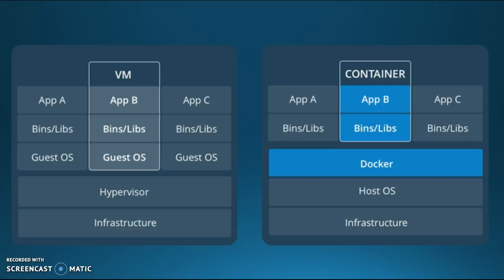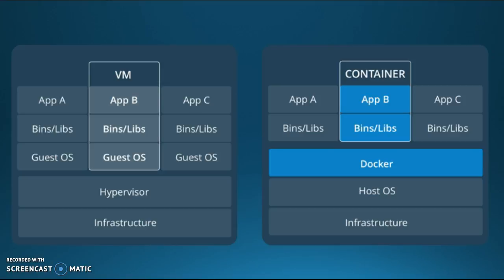Looking on the right with the Docker containers, we see that it's just another solution to that same problem. Instead, though, it's an abstraction at the app layer that packages the app code and its dependencies together. So it's running in the host operating system using the Docker engine.